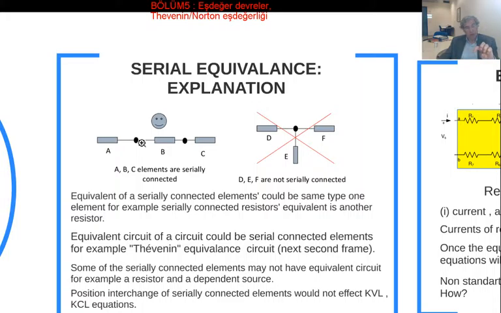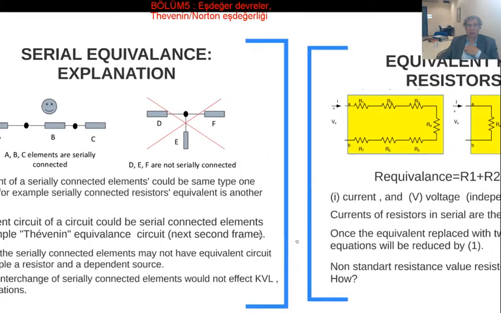And for the Kirchhoff voltage law, the voltage of this one added to the voltage of this one, if you replace them, VB plus VA, is also equal to VA plus VB. Since these equations are not affected, you can replace serially connected elements and there will be no change. These are some of the general rules for serial connections.